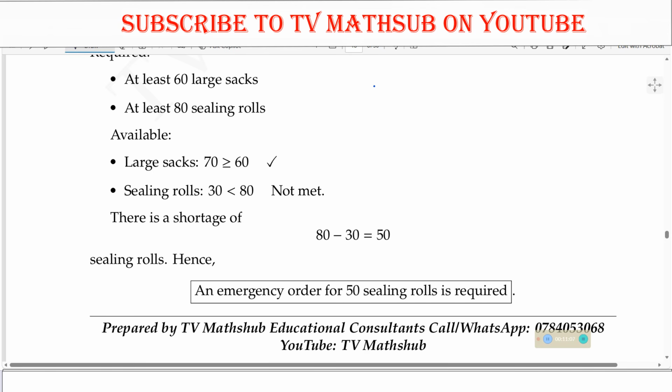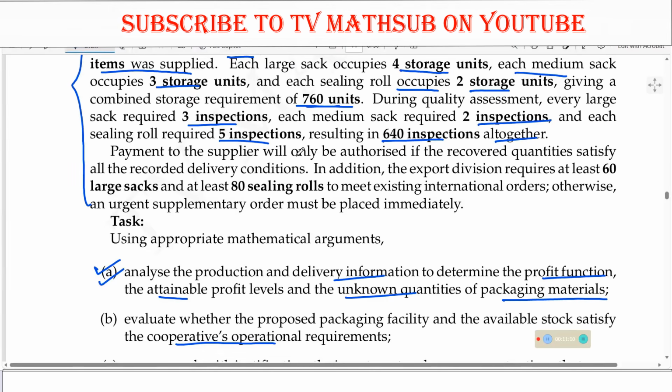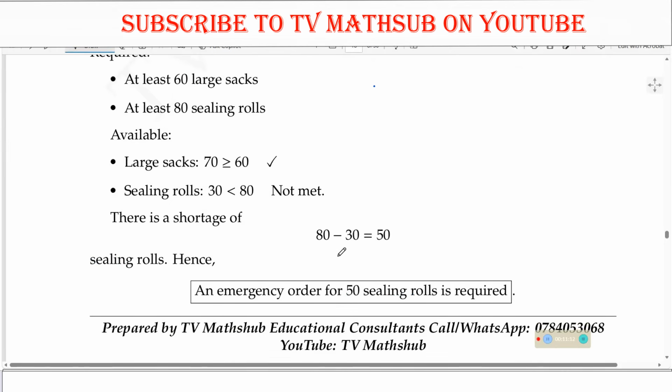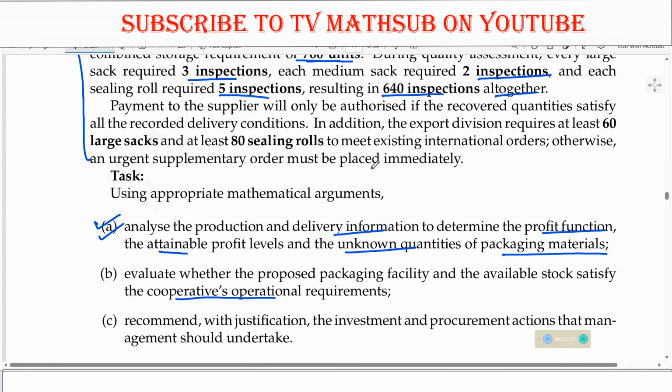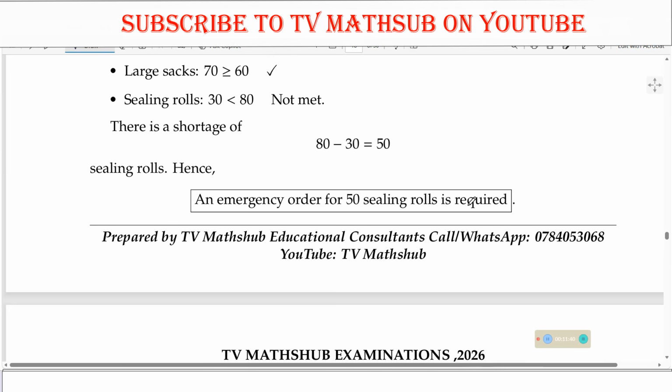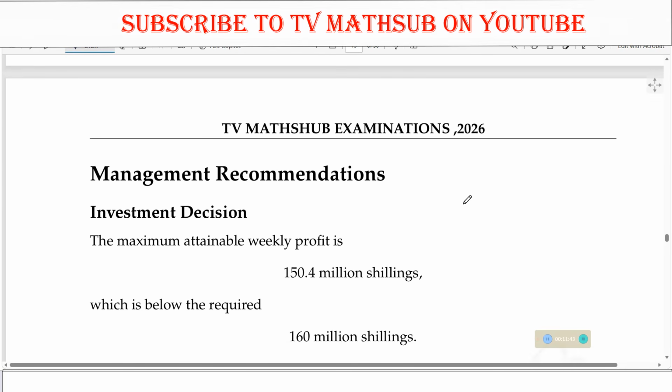They told us that the payment to the supplier will only be authorized if the recovered quantity satisfies all the recorded delivery conditions. In addition, the export division requires at least 80 ceiling rolls, otherwise an urgent supplementary order must be placed. So this is the supplementary order that should be placed.